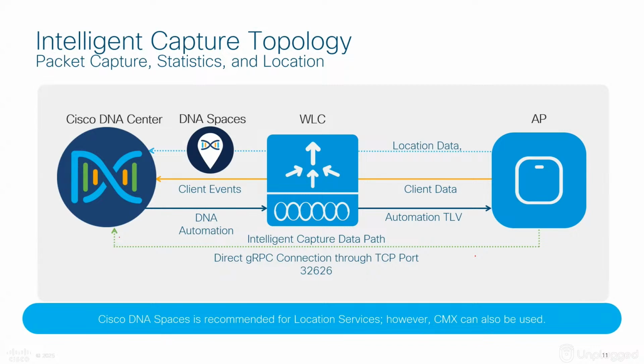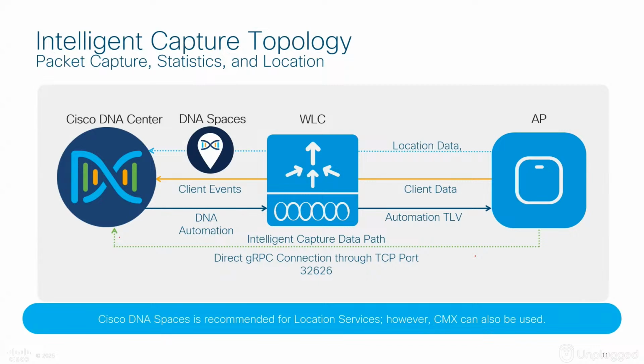Automation and configuration of this is done through Catalyst Center, so it's centralized, and we use the TLV protocol to do that. And I think most interesting on this diagram is the intelligent capture data path. That's our branding for the packet captures. It's ICAP, or intelligent capture. And you can see here that the AP has a direct line to Catalyst Center. It bypasses the wireless LAN controller.